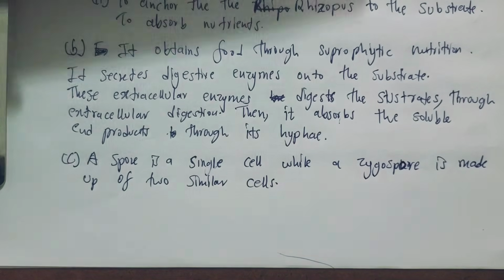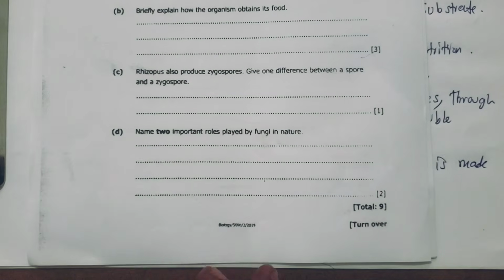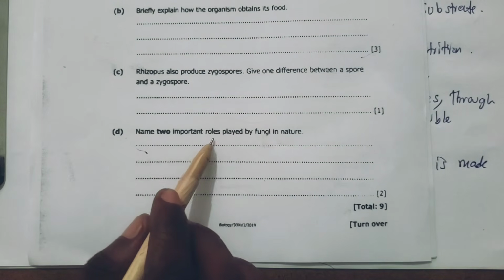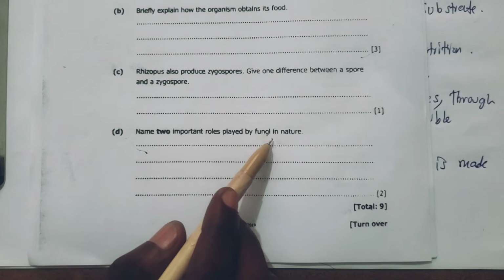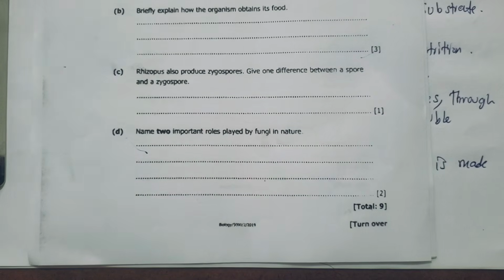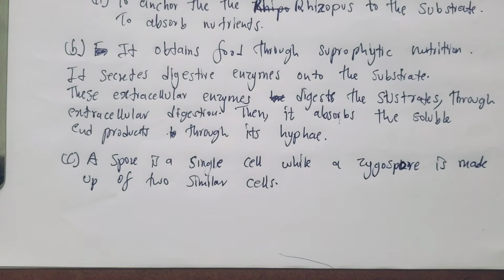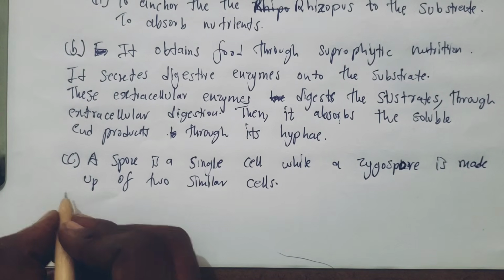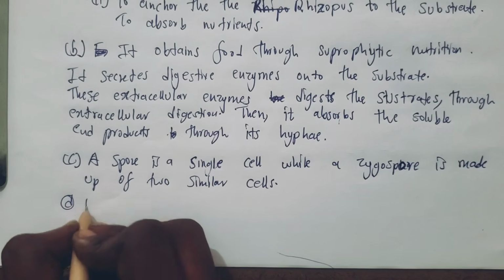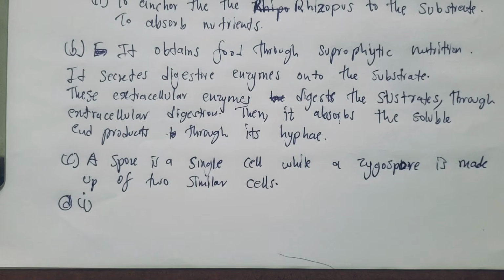Then the next question: name 2 important roles played by fungi in nature. So fungi, what are the 2 important roles that they play? Of course there are so many. This is our D. The first one, they are used in the recycling of nutrients.